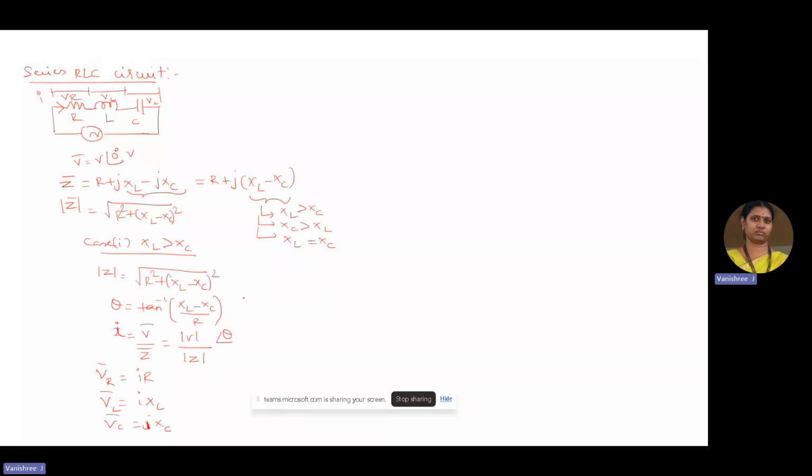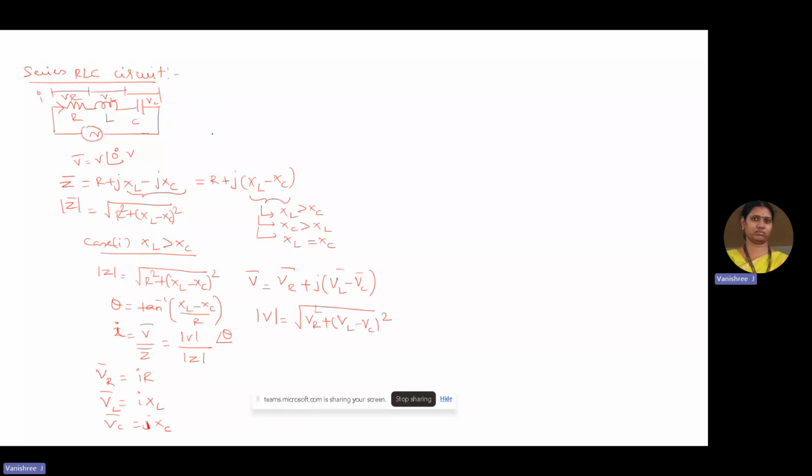Then we can represent the supply voltage V as VR plus j into (VL minus VC). So modulus of V can be given by root of VR square plus (VL minus VC) the whole square.